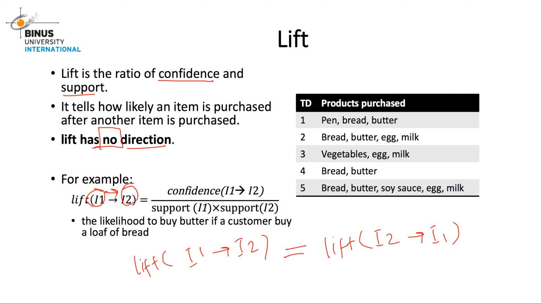Okay, the formula is the confidence of item 1, then item 2, divided by the support of item 1, multiplied by the support of item 2.